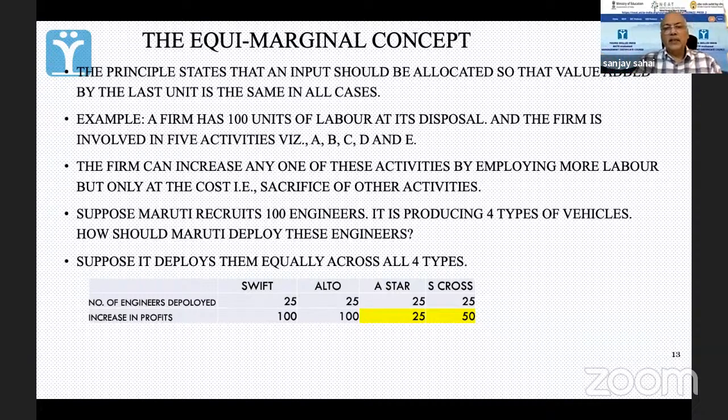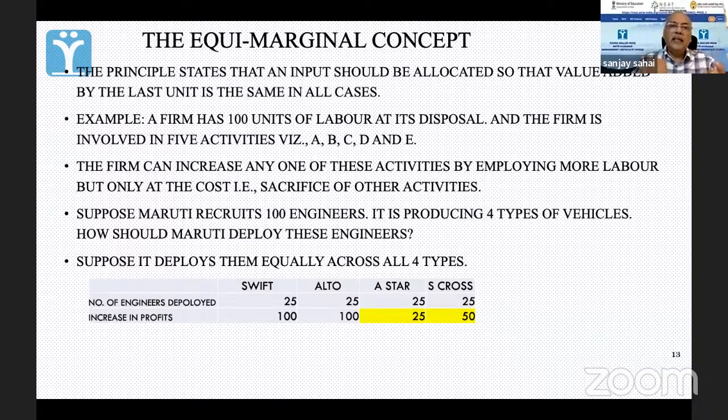In the case of A-Star, the same number of engineers are employed, 25, but the profit increases only by 25. The same is the case with S-Cross. So the sales have increased for these 2 vehicles also, but not to the extent of the increase in Swift and Alto.